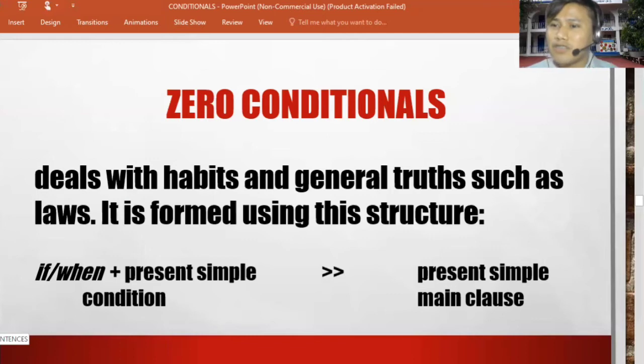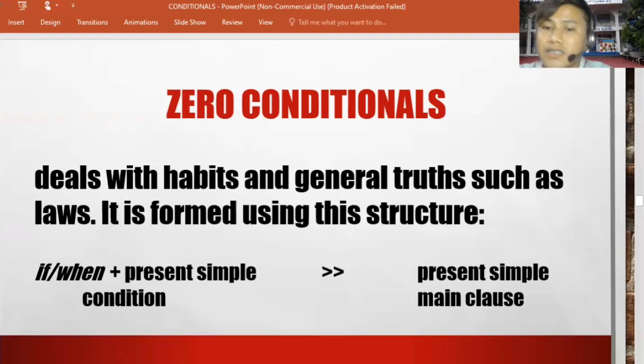It has something to do with your habitual actions, your daily routines, the things that you usually do, or something that you always love to perform. Next, it has something to do with general truth. When we say general truth, these are facts, such as laws. Understood?